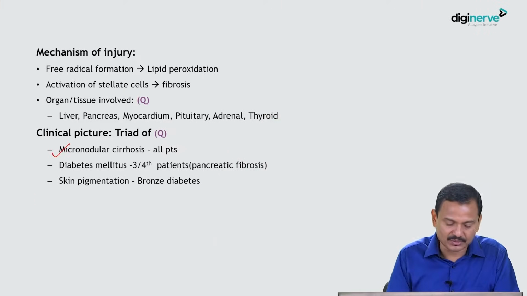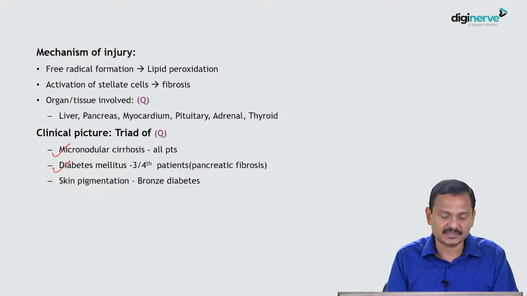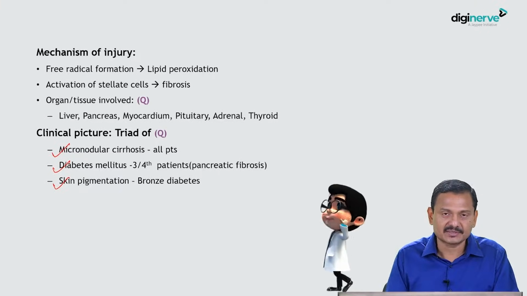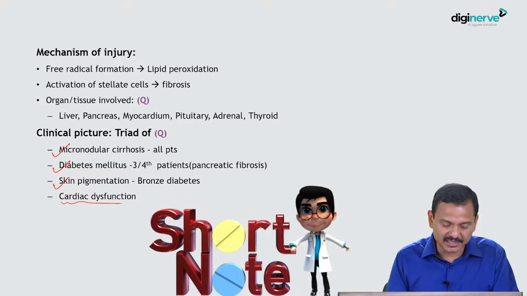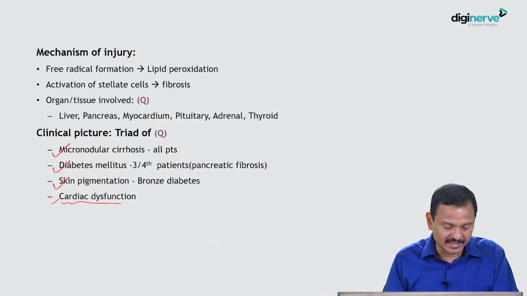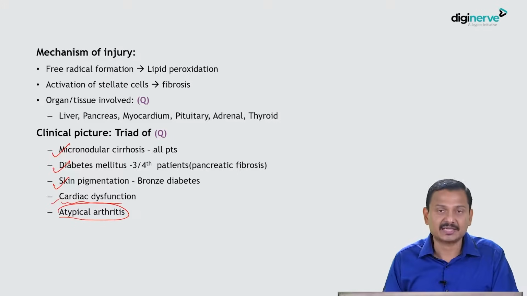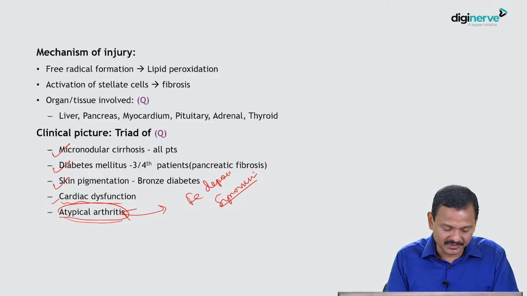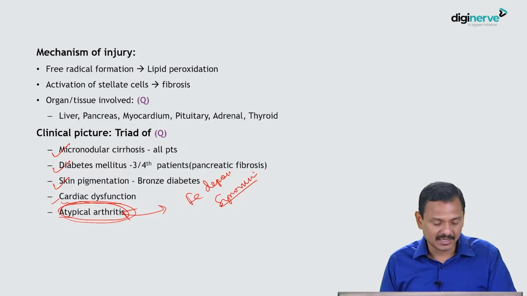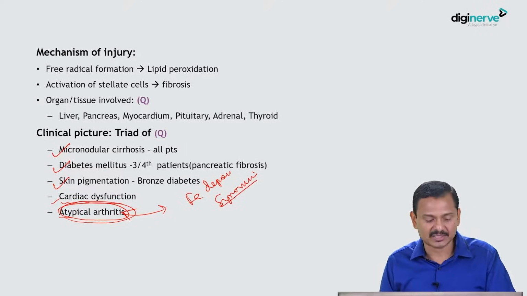So the triad of micronodular cirrhosis, diabetes mellitus and skin pigmentation indicates hemochromatosis, but there can be other problems also like cardiac dysfunction as well as atypical arthritis because of iron deposition in the synovium. Okay, so deposit in the synovium will make the synovium inflamed, and that will lead to atypical arthritis. So these are some of the clinical features.